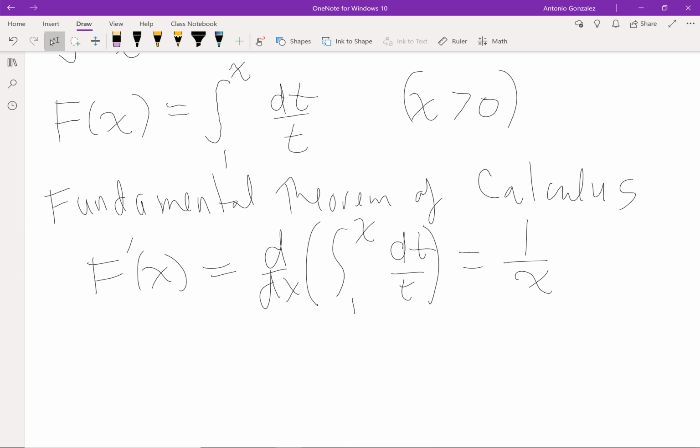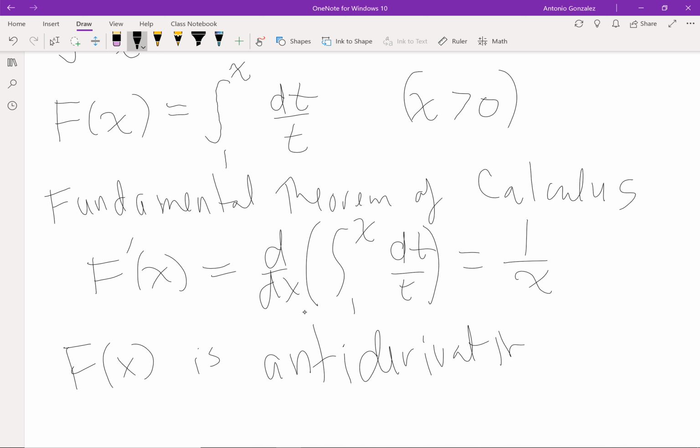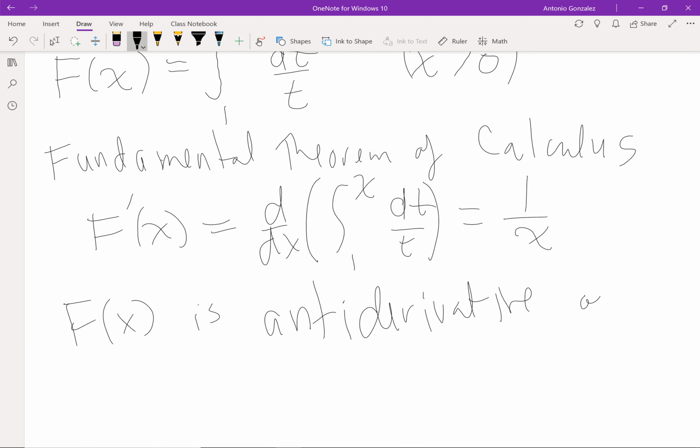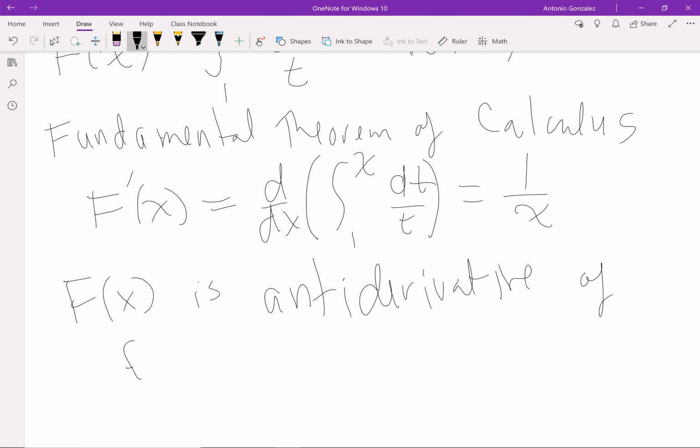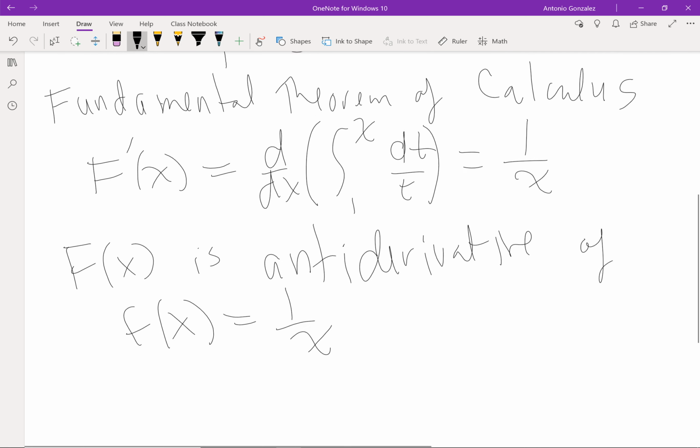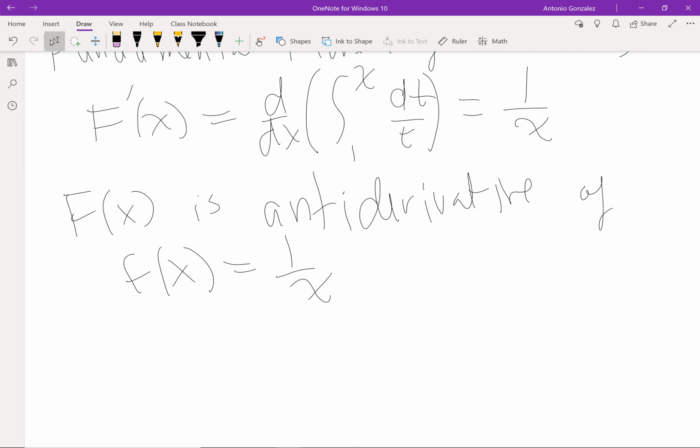All right? And again, we say capital F of x is the antiderivative of f of x equals 1 over x. Now here we might say, well, that choice of 1 really could be any number.